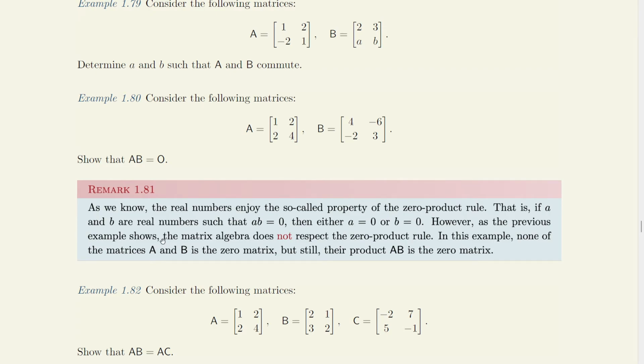However, as the previous example shows, matrix algebra does not respect the zero product rule. In this example, neither of the matrices A and B is the zero matrix, but still their product AB is the zero matrix. So that is the second deviation. The first deviation was that we lose commutativity. The second deviation is that we lose the zero product rule.